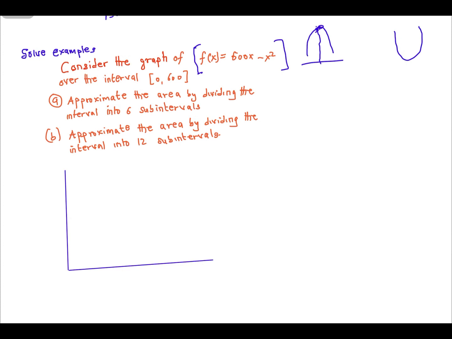That's the normal line division, but the rectangles are supposed to be up to 6. So based on that, when we take the function, here is our y and here is our x. The function is f of x equals 600x minus x squared.